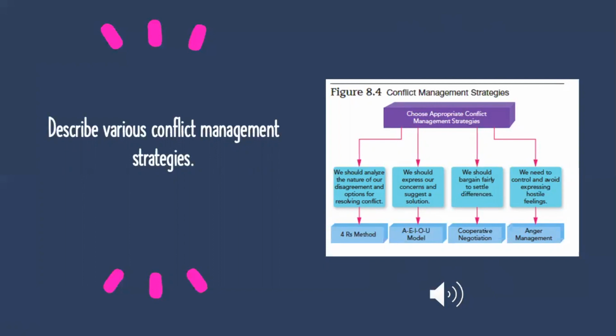The first one has to do with the 4Rs method. Next, the AEIOU model. Next, we have the cooperative or negotiative model. And then the last one is anger management. Let's take a closer look.